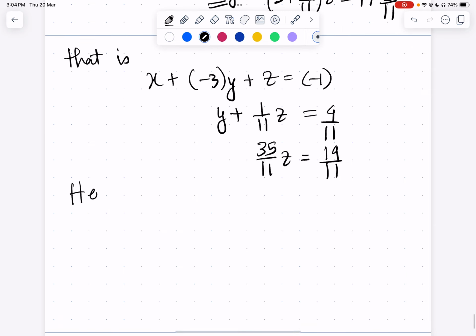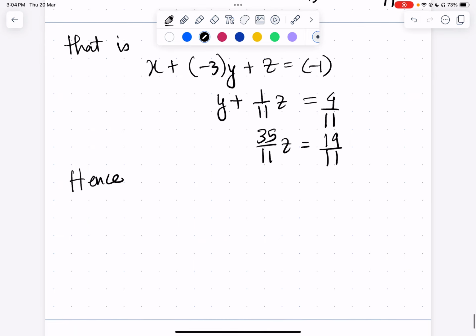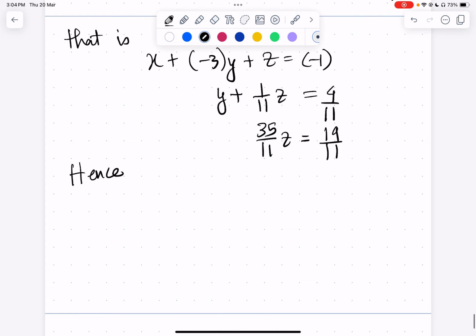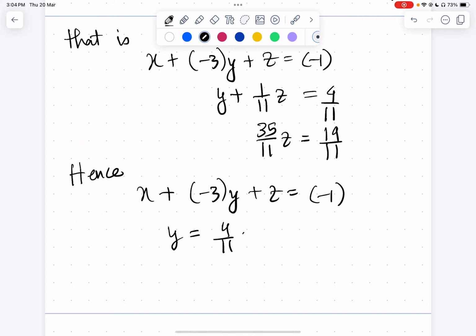Hence, from the last two equations we get y and z. Hence x plus minus 3y plus z equals minus 1, and y equals 4 by 11 minus 1 by 11 times z.